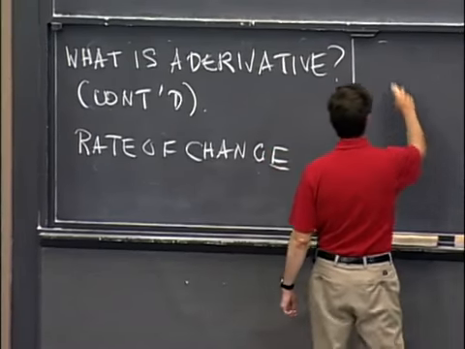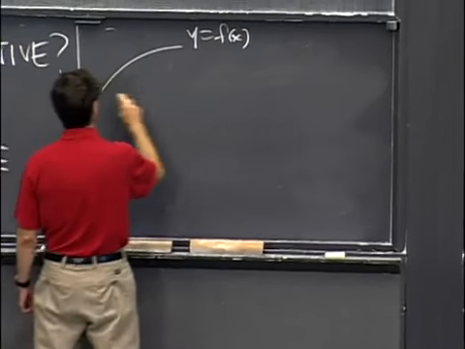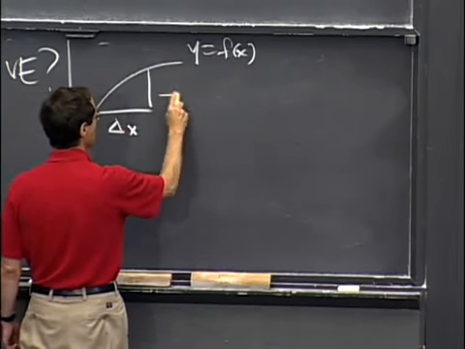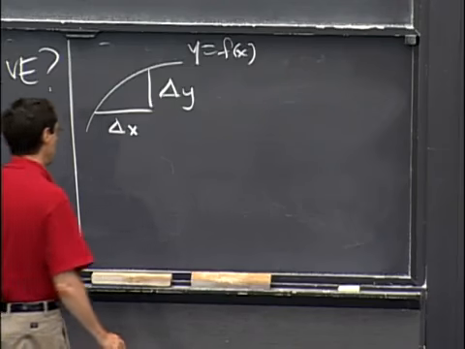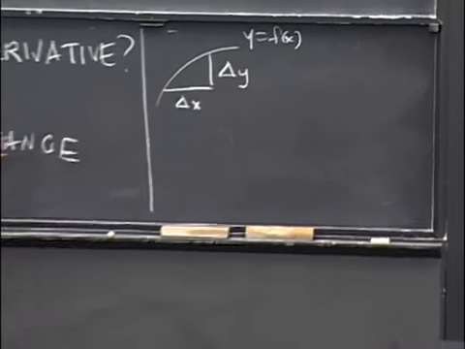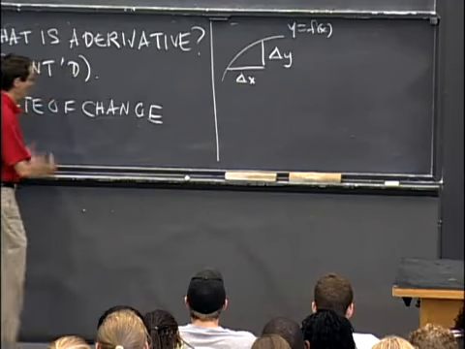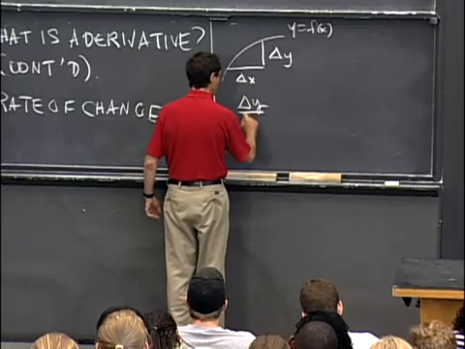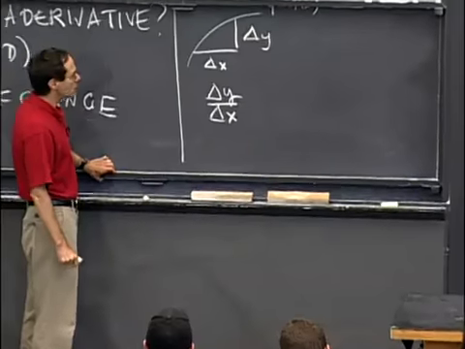So remember, we drew graphs of functions, y equals f of x, and we kept track of the change in x, and here the change in y, let's say. And then, from this new point of view, a rate of change, keeping track of the rate of change of x and the rate of change of y, it's the relative rate of change we're interested in, and that's delta y over delta x. And that has another interpretation.